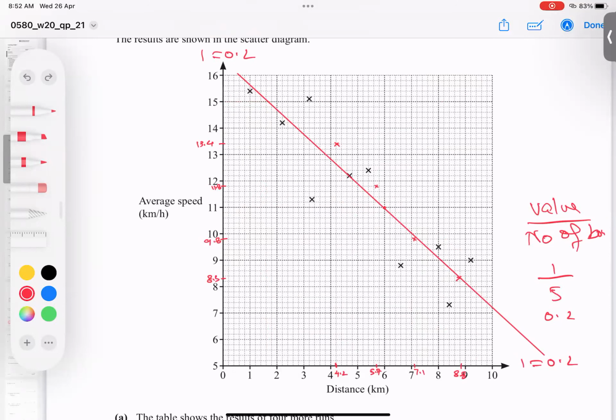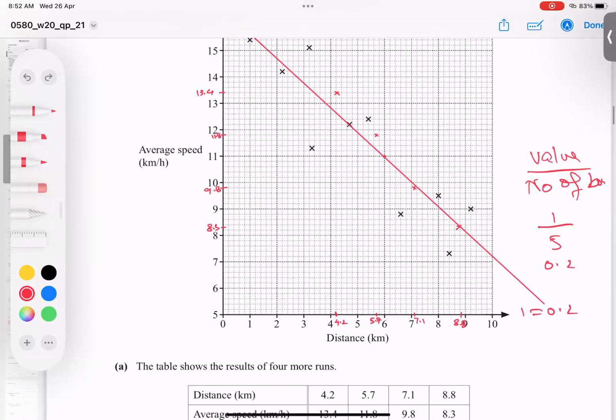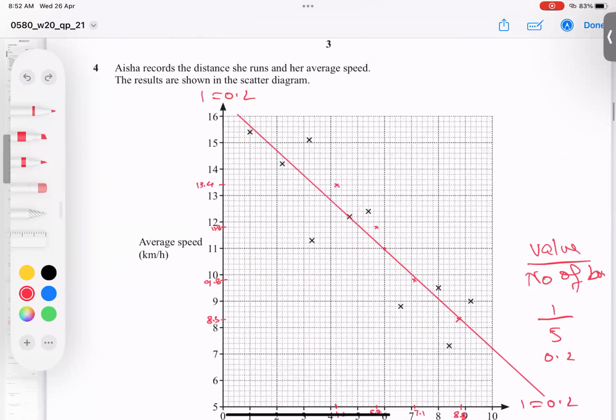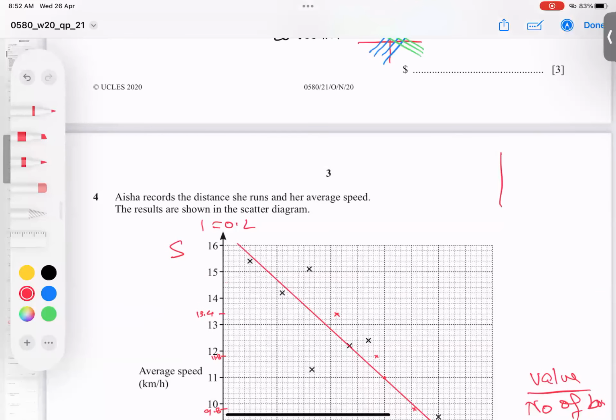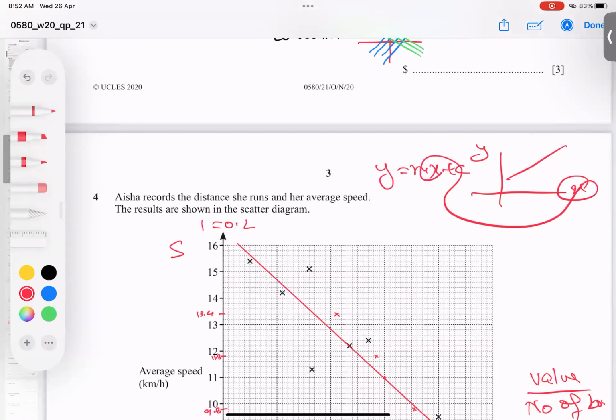One more idea I will tell you, what he can ask you. D for distance, I'm writing D along the x-axis and S along the y-axis. Normally, if we have an equation like this, a line, this is y, this is x. So what does the line represent, students? y equals mx plus c. Why, sir? Logic: this comes here and this y comes here.